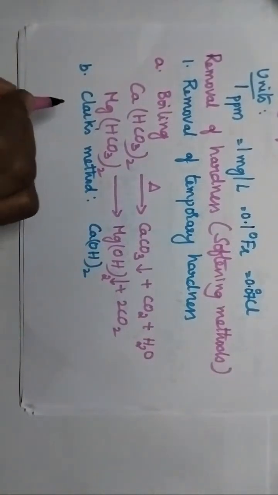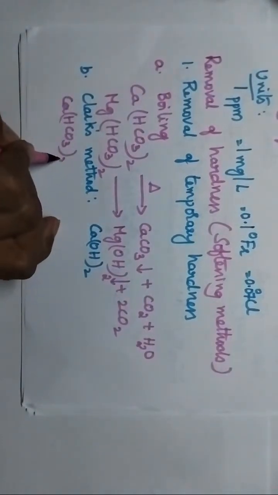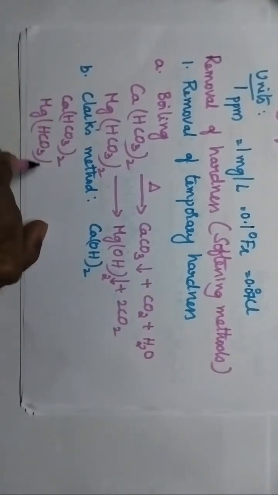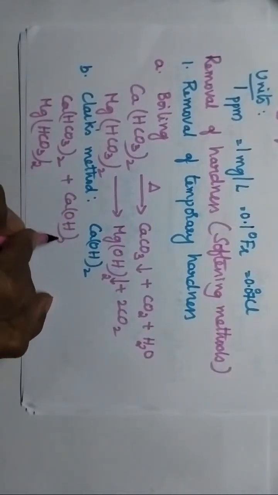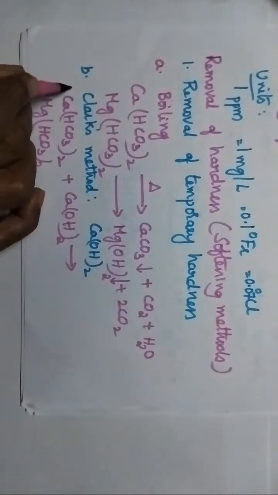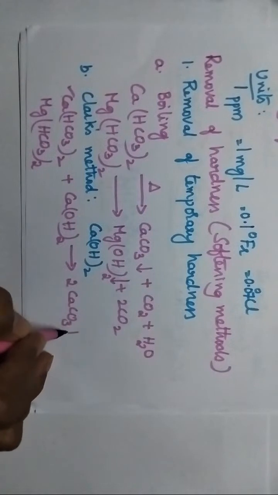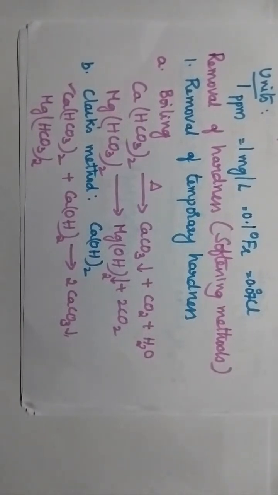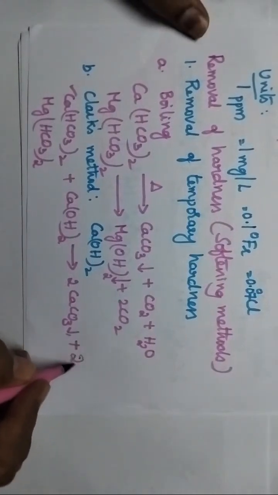So whenever the hard water contains calcium bicarbonate or magnesium bicarbonate, and that water is treated with calcium hydroxide, initially all the calcium salts will be converted into calcium carbonate along with the formation of water.